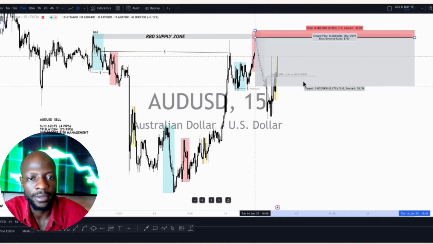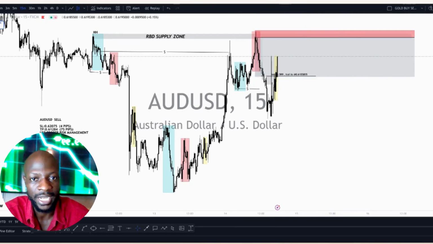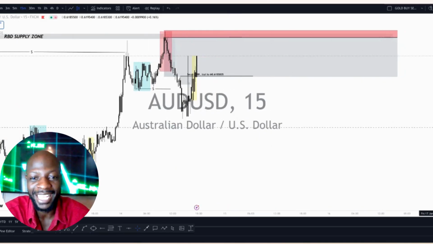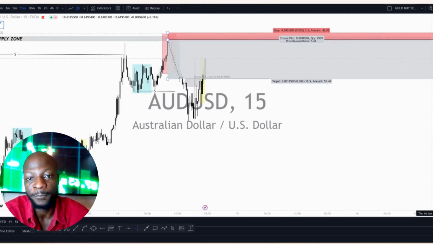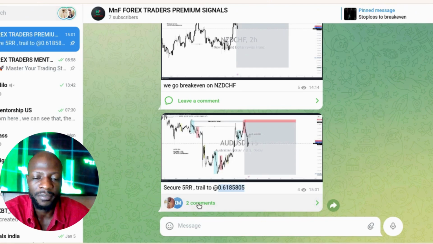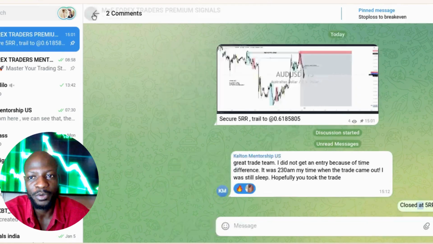Yeah, it is about 5 R, and that's how we were taken out with 5 R. And since then, the market has been going to the upside like that. And right now, people are already out of this trade, and we were able to get out with about 5 R right here. So this is exactly what happened on AUDUSD.